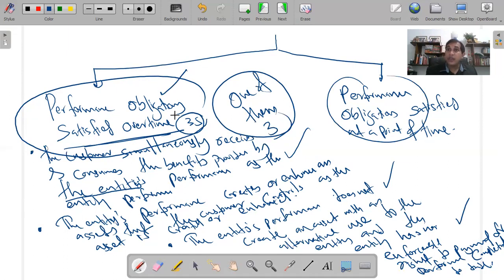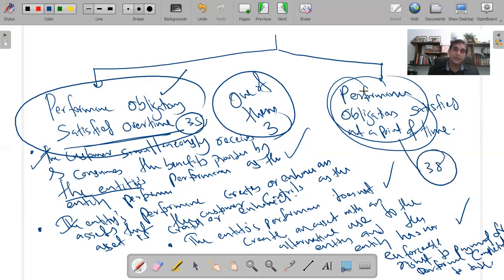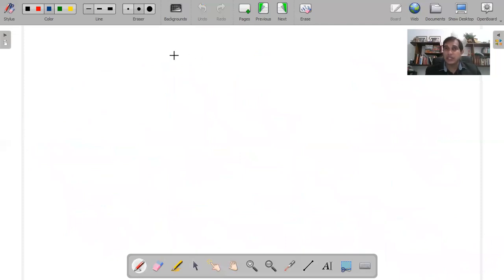If you are failing to satisfy at least one of these 3 conditions, then you need to recognize that performance obligation as satisfied at a point of time. Right? So please keep that in your mind. This is mentioned in section 38. And another thing is, let's say now I have taken one example of a construction contract, a construction company.